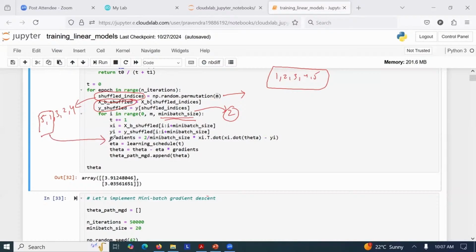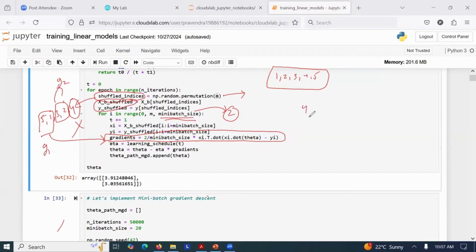Second time, 3 and 2 will go. And since we have 5 and we are selecting 2, this 4 we will skip here, right? So in one epoch, we will compute 2 gradients, one using 5, 1, and the second using 3, 2.